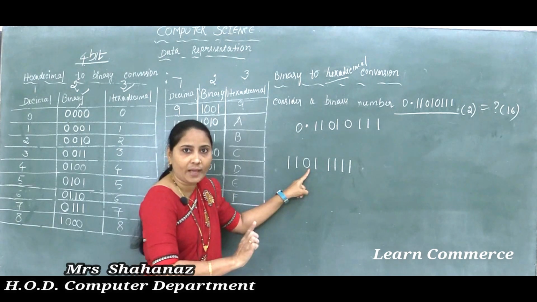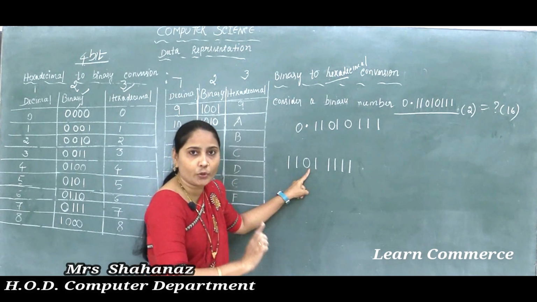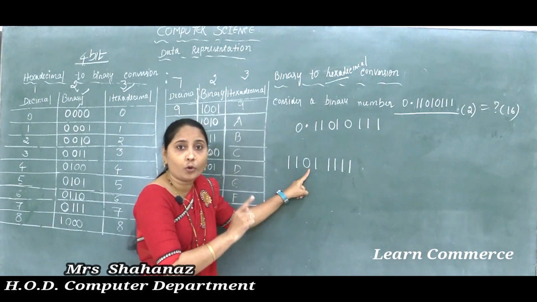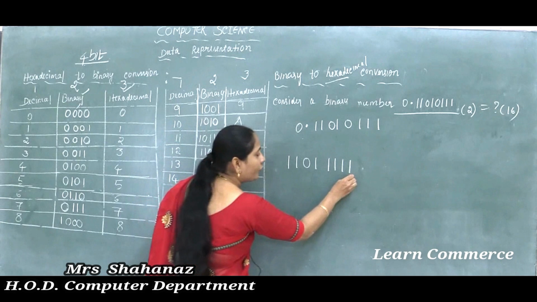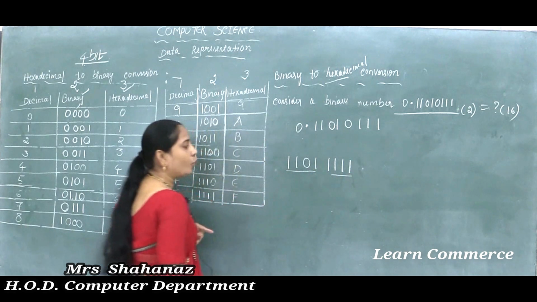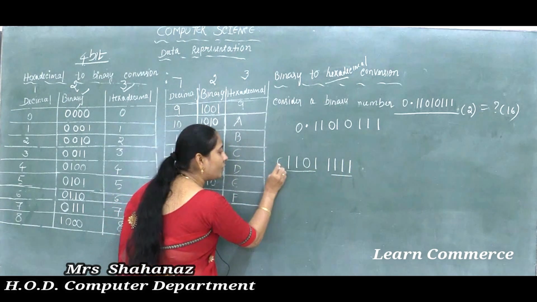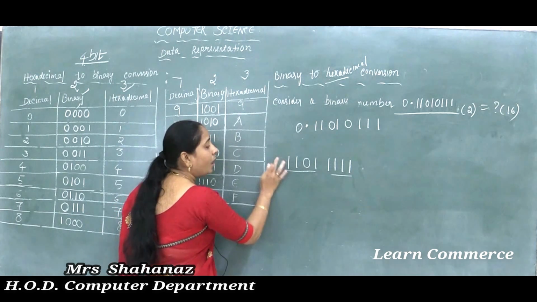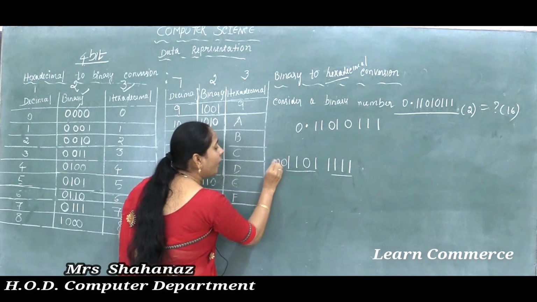So where we need to use the 0 is if the number is not equal to 4 bits in one group, but here the 4 bits are there, so no problem. But maybe if the value is 0 here, then sure we need to add how many 0? We need to add four 0.